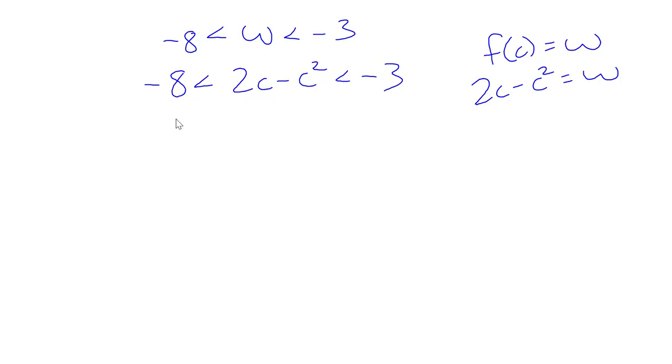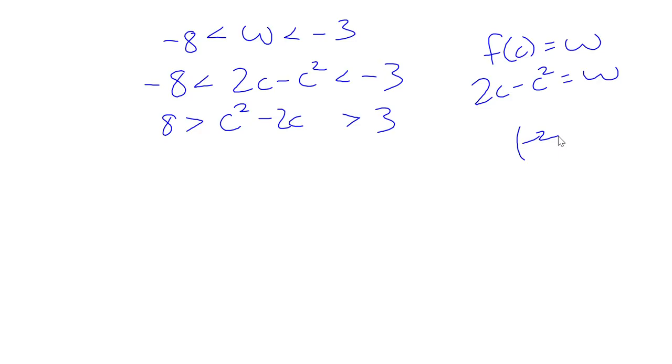So we'll divide everything by -1, making this 8 is greater than a positive c squared minus a 2c is greater than a positive 3, right? And the inequality sign flipped because we divided everything by a -1. Well, then we're going to just complete the square, right?